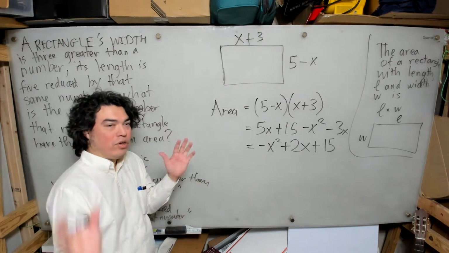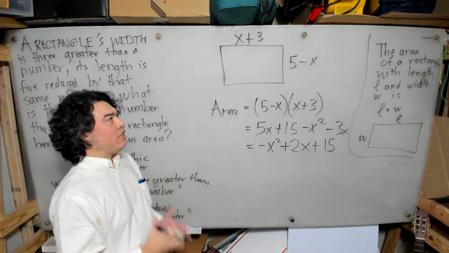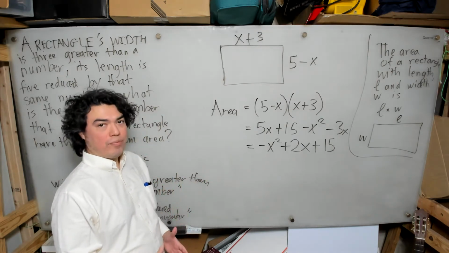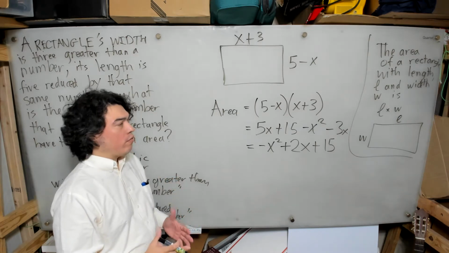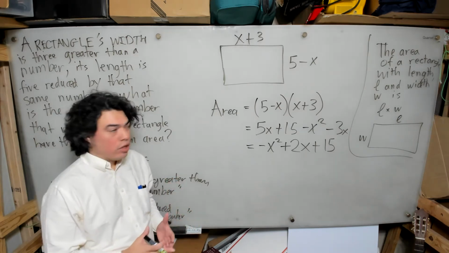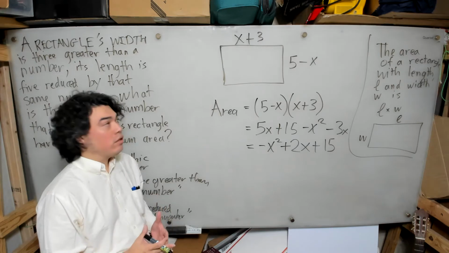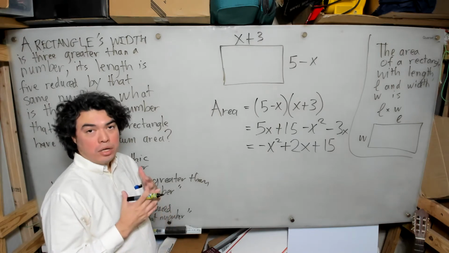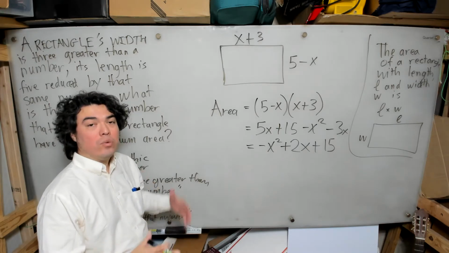One of the things I want you to realize from here is I've essentially constructed now a formula for the area of this rectangle that if we're given the value of our number x, we can find the area.